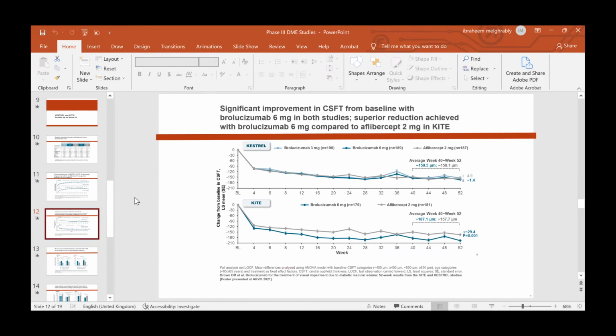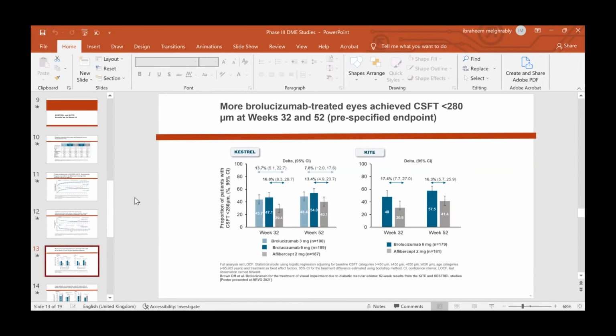Yeah, behind the times. There was definitely improvement also on the central macular thickness, and it was more obvious with brolucizumab 6 milligram. And more brolucizumab treated eyes achieved less than 280 compared to aflibercept.